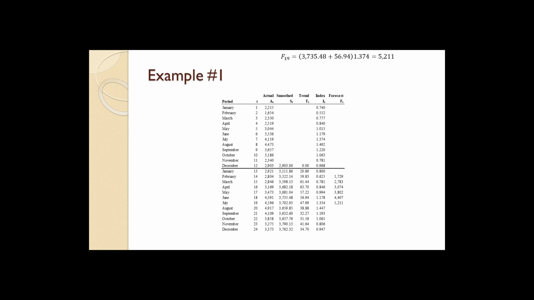The forecast for July equals 3,735.48 plus 56.94 times 1.374 equals 5,211. The forecast for August equals 3,702.93 plus 47.992 times 1.492 equals 5,596. The forecast for September equals 3,659.85 plus 38.885 times 1.220 equals 4,512.